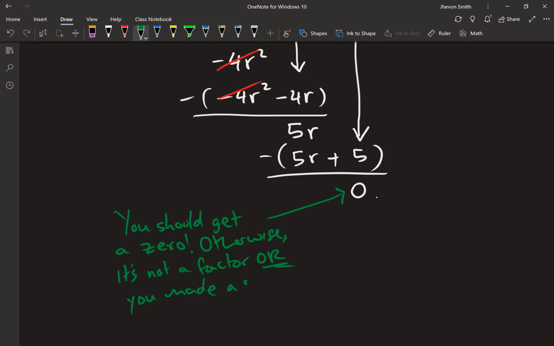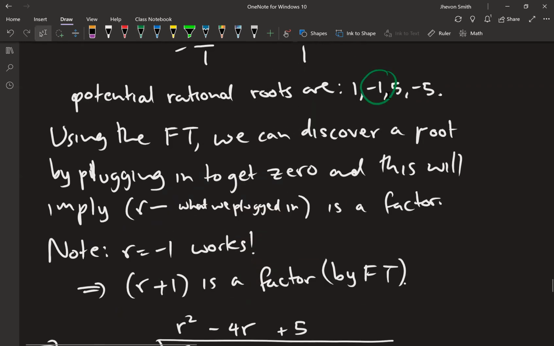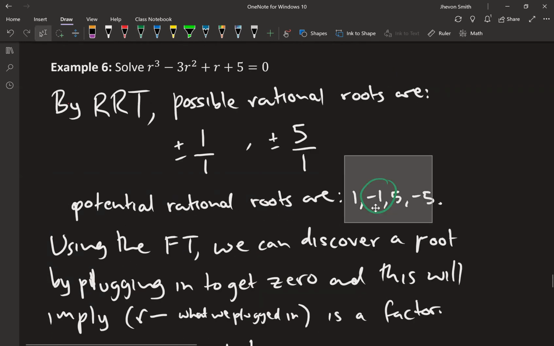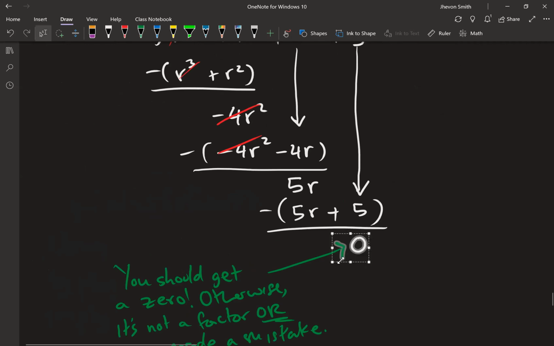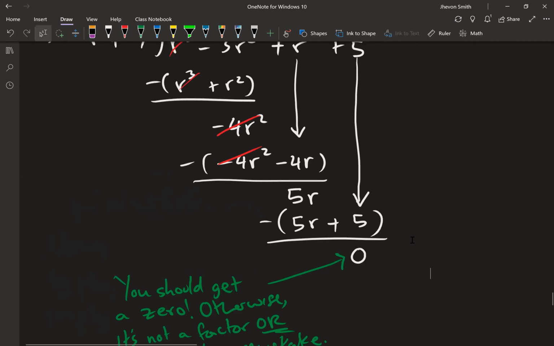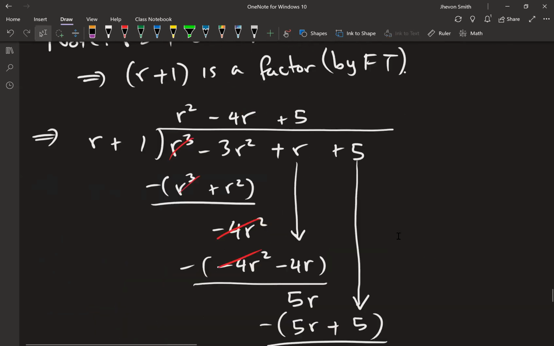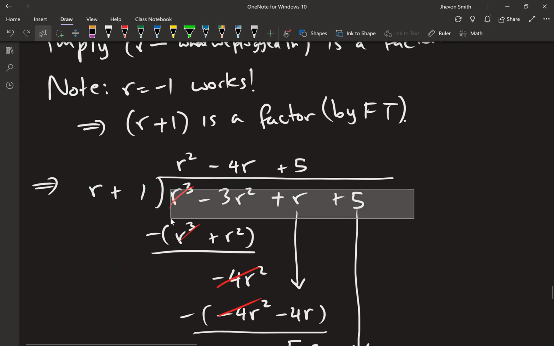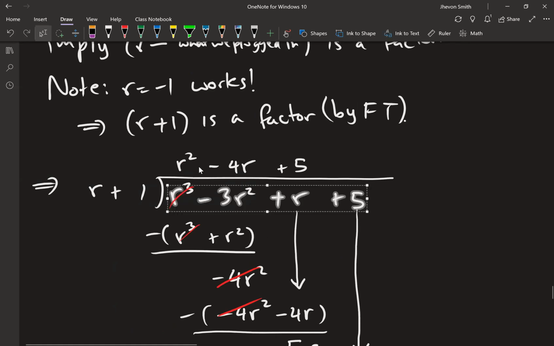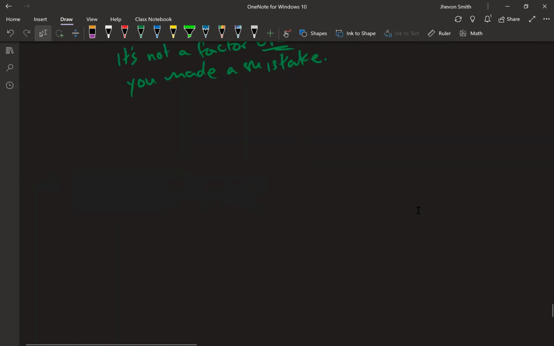So double check your work because you should actually get 0. Once you plug in one of these potential rational roots and you get a 0 up here, you definitely should get a 0 right here because there should be no remainder. Basically what that now means is that you can factor this polynomial as this guy times that guy. And again, not going to take the time to explain why that is.